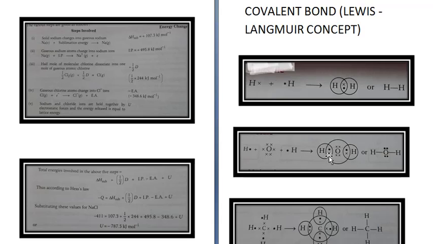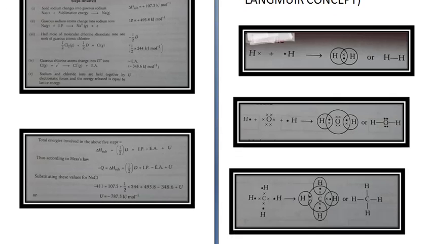Now this hydrogen has 2, this hydrogen also has 2, and this oxygen has all 8. Similarly in methane, carbon has 4 in its outermost shell, shown by the crosses, and hydrogen has 1, shown by the dot. When the sharing takes place between 4 hydrogen and 1 carbon, this carbon also has 8 and each hydrogen has 2, so it forms methane.